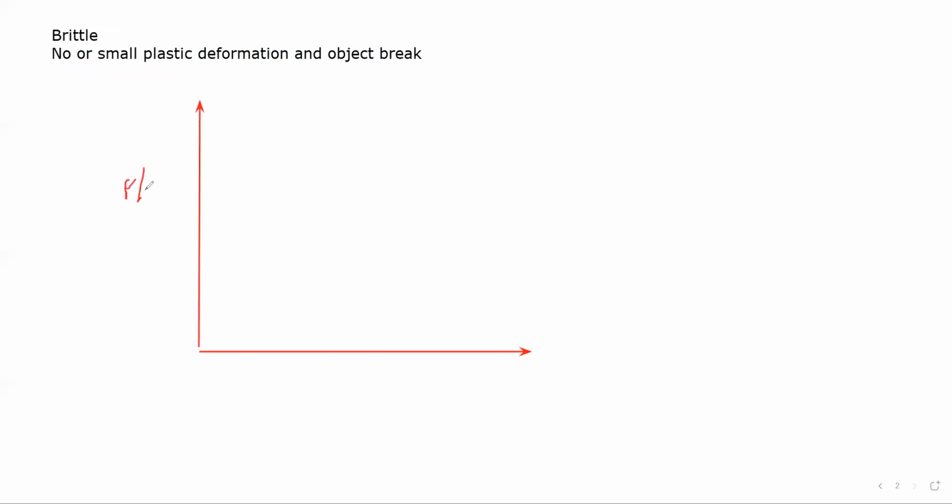So if you have a force and extension graph, force on the y-axis and extension on the x-axis, which material is brittle, A or B?